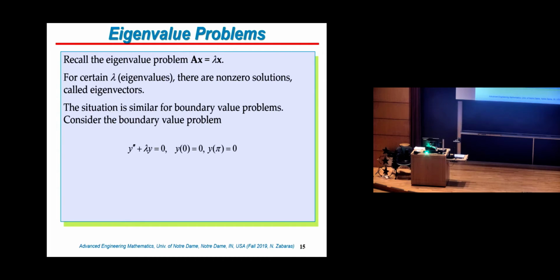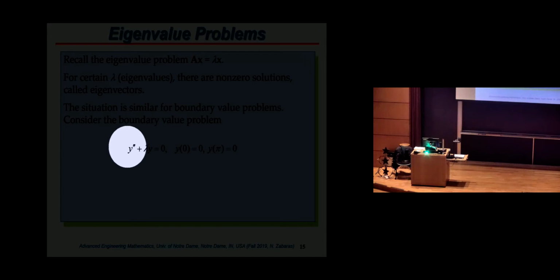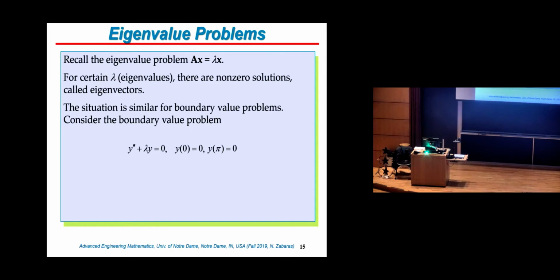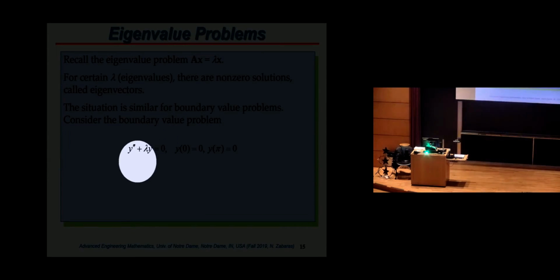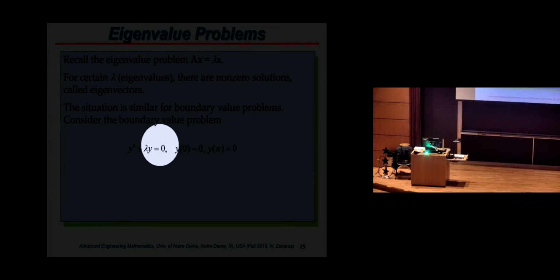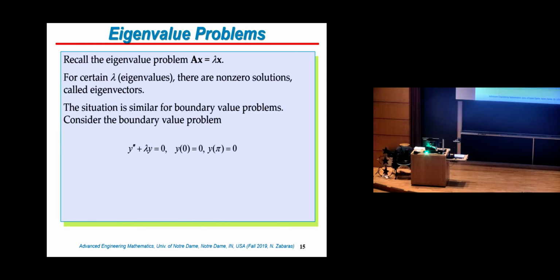Now, from the results that we computed before, can you tell me for what lambdas, just from the two examples only, this problem has non-zero solutions? Tell me what is going on for different lambdas.